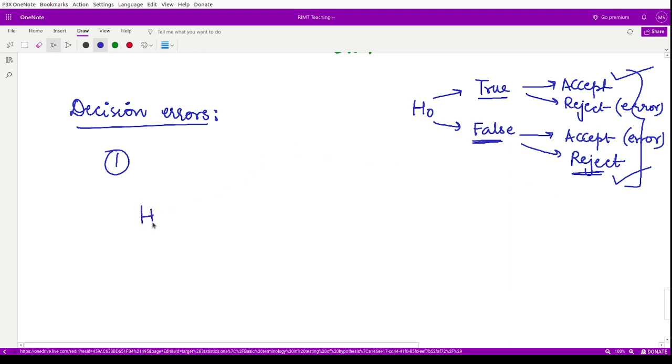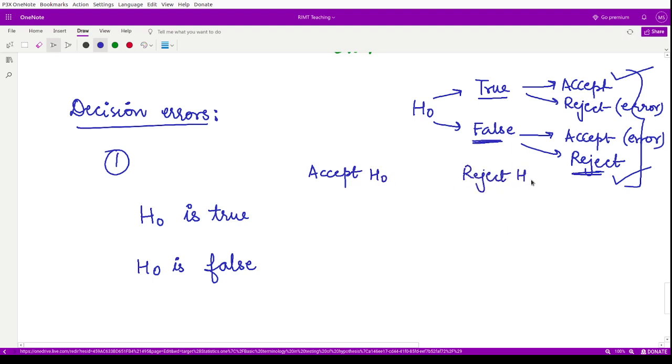So let me write down here. Your H0, the null hypothesis, is true or your null hypothesis is false. And the case is you accept your null hypothesis or you reject it. If your hypothesis is true and you accept it, you are making the correct decision. Moreover, if your hypothesis is false and you reject it, then also you are making the correct decision, right?